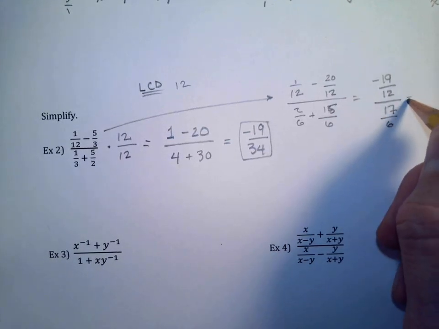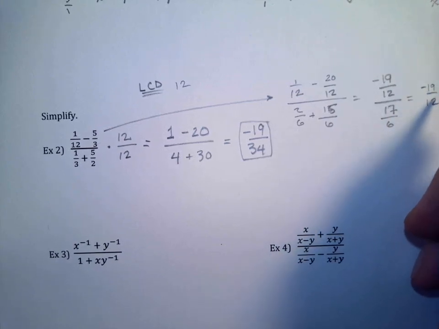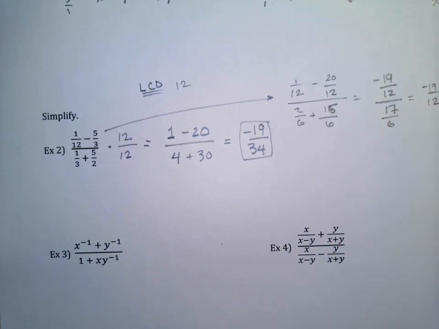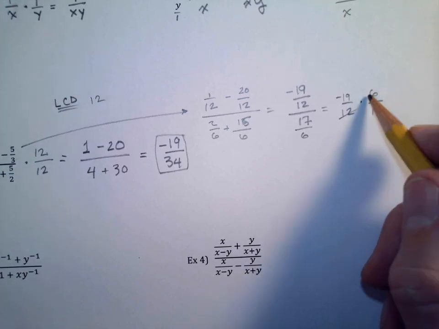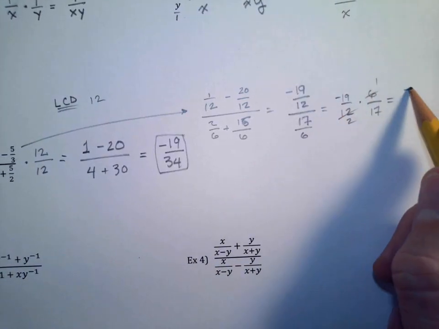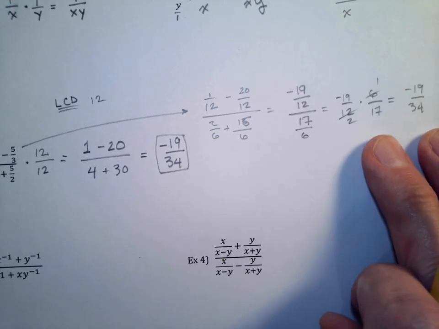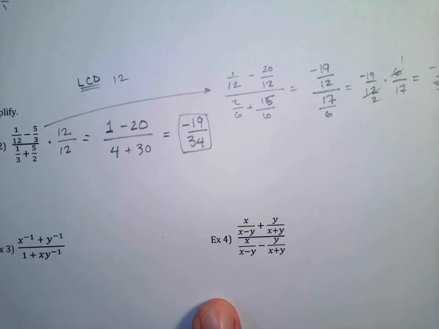Okay, and then we want to do a keep change flip. So we have negative 19 over 12 times the reciprocal 6 over 17, and then we would reduce. Oh, sorry, you can't see that. Then we would reduce the 12 with the 6. That's a 1 and a 2, and so if we multiplied across, then negative 19 over 34. So that's just a little bit more work. All I did was multiply by 12 over 12, and it was much quicker.